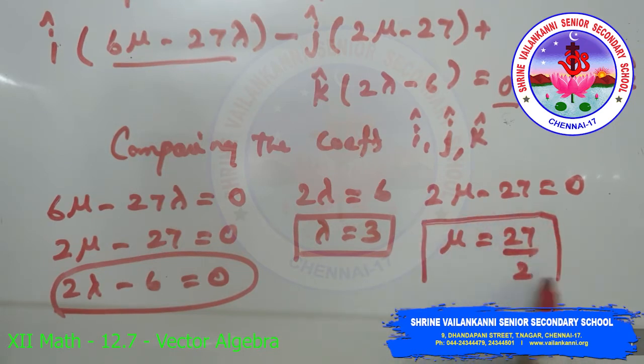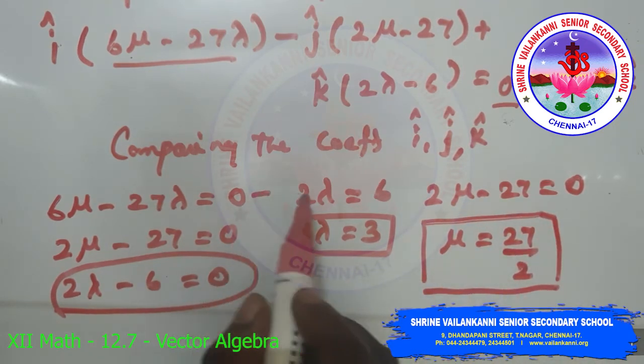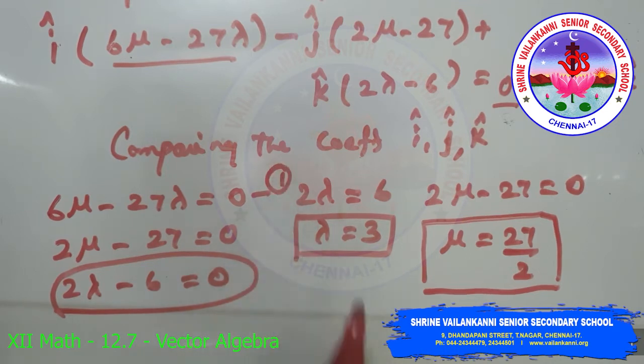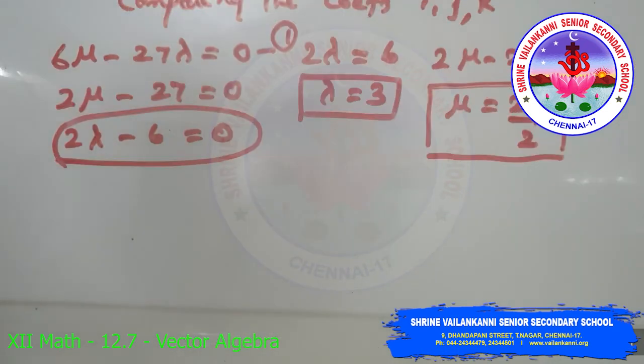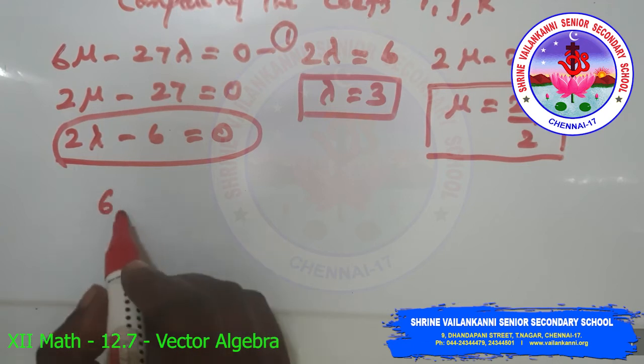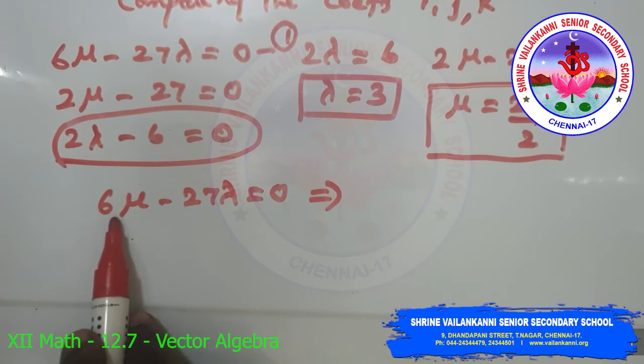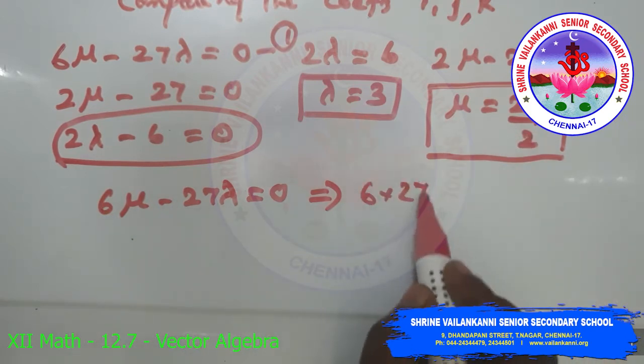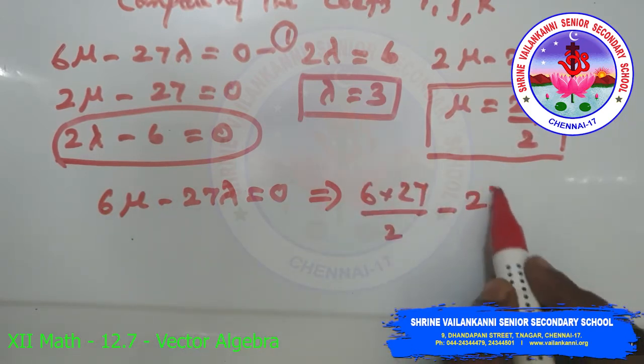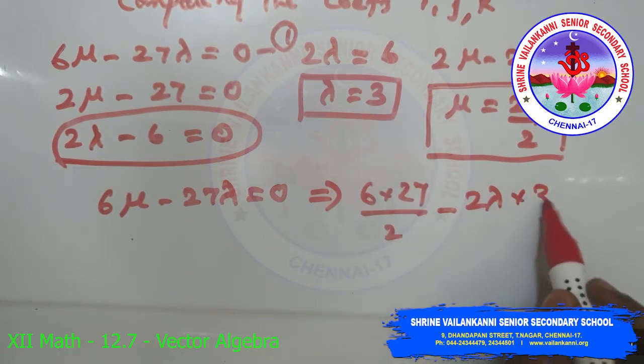Substituting the values of lambda and mu in the first equation, 6 mu minus 27 lambda equals 0. So 6 into 27 by 2 minus 27 into lambda, which is 3.